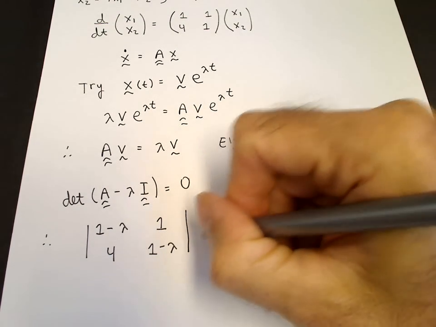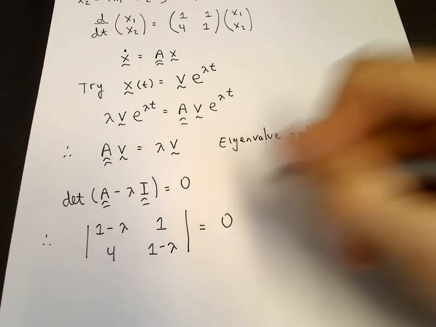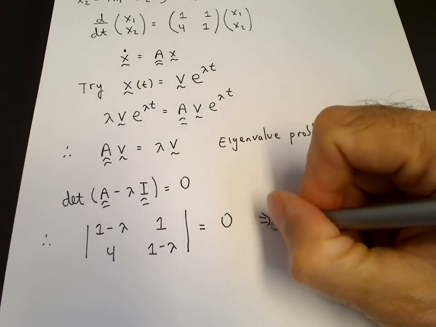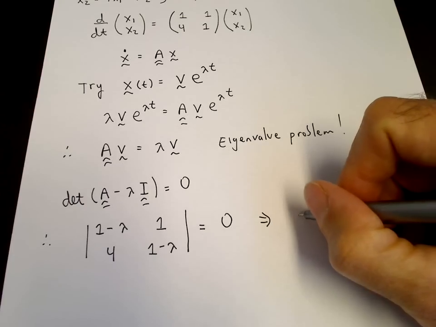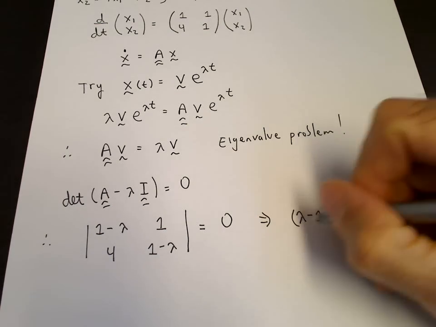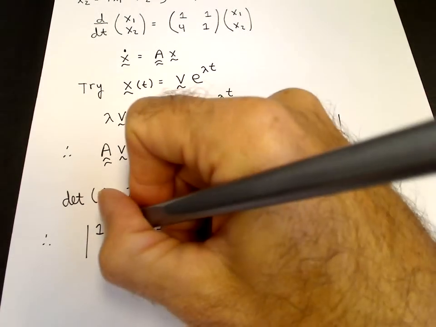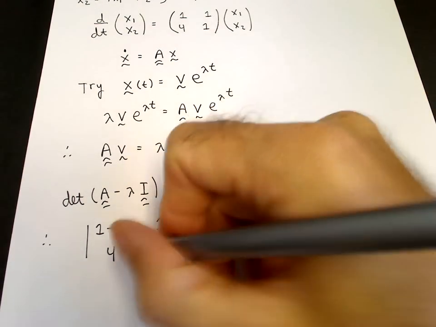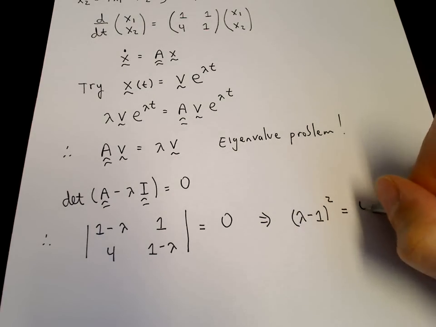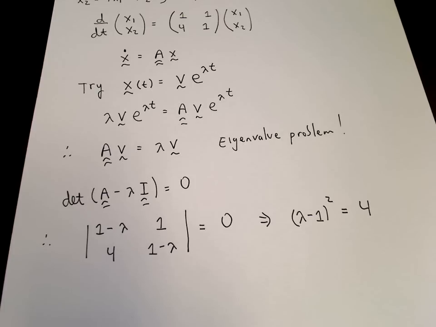The determinant of this matrix equals 0, which we can expand. So that is lambda minus 1 squared from the diagonal term, minus 4 equals 0, so lambda minus 1 squared equals 4.